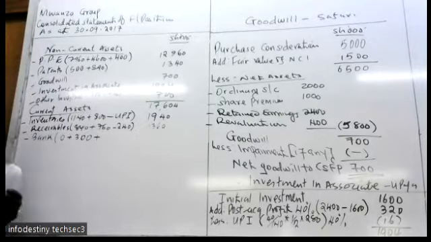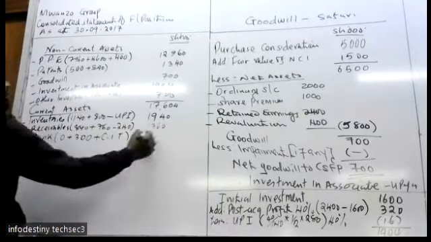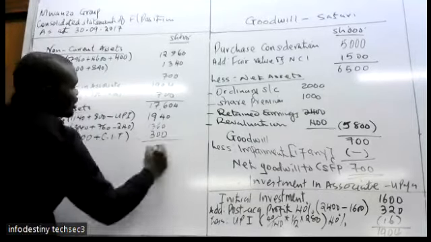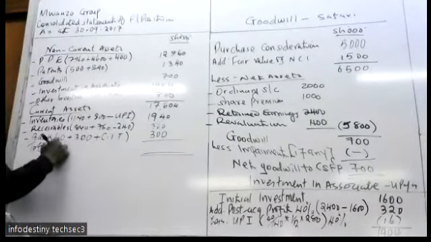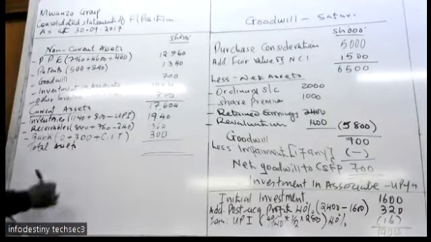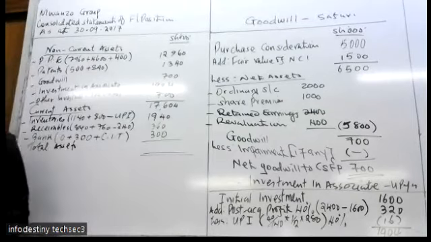What do we normally add here which is not around? Cash. Total assets. Can you add the total assets?